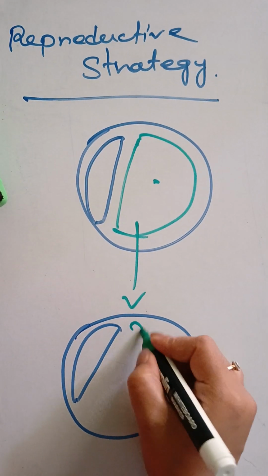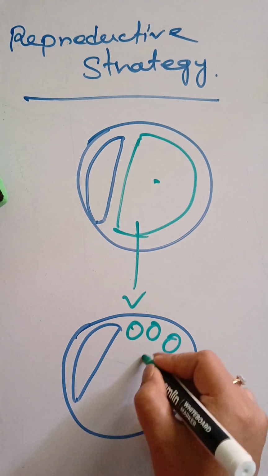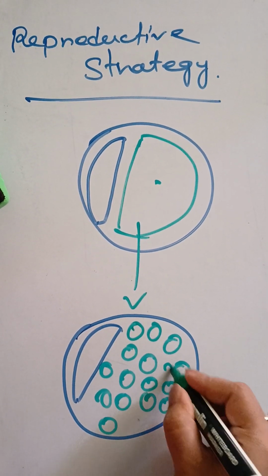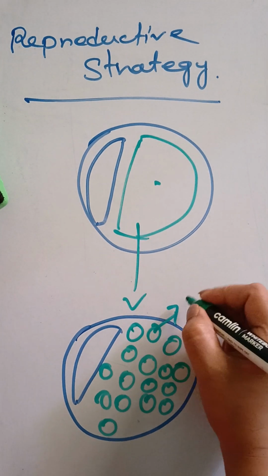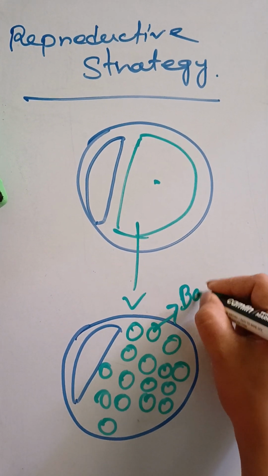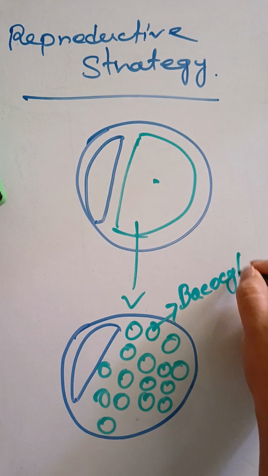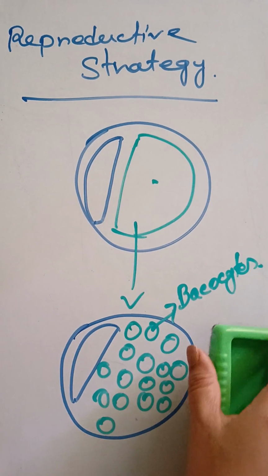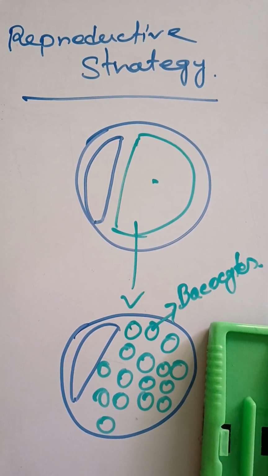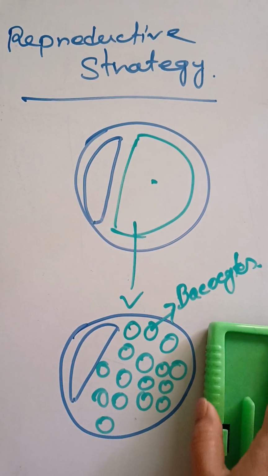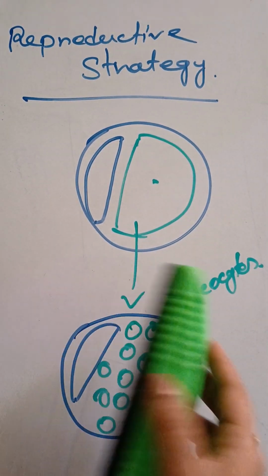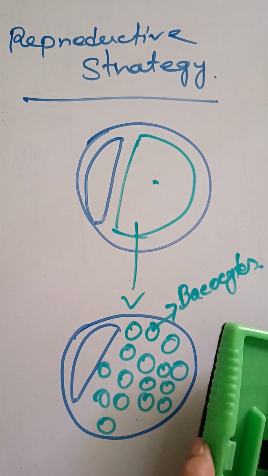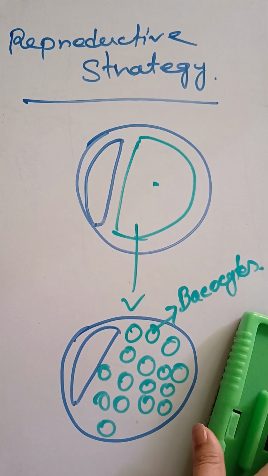It looks like this. These are all progeny baeocytes. So in this way, some cyanobacteria undergo reproduction. Baeocyte formation is a unique style of reproductive strategy in the case of a few cyanobacteria.